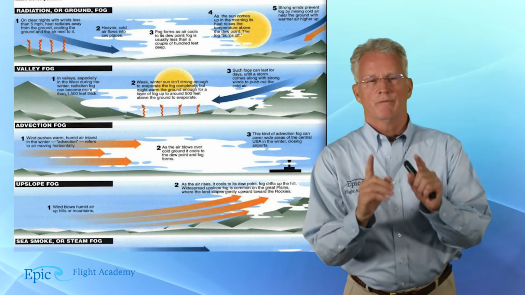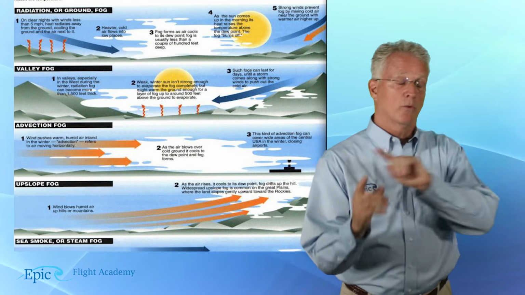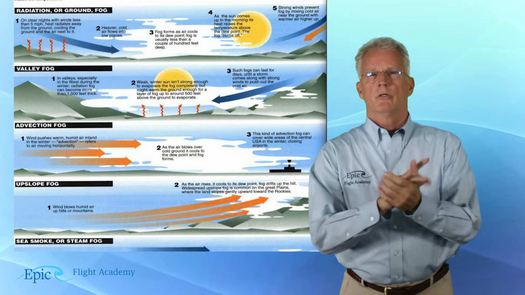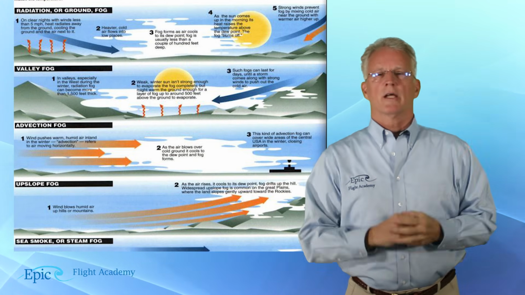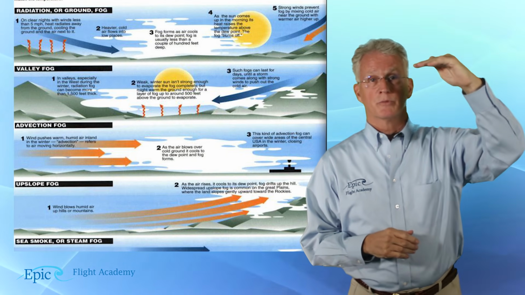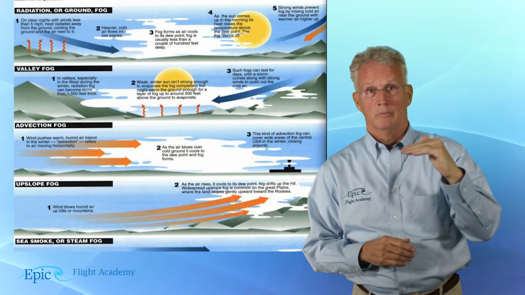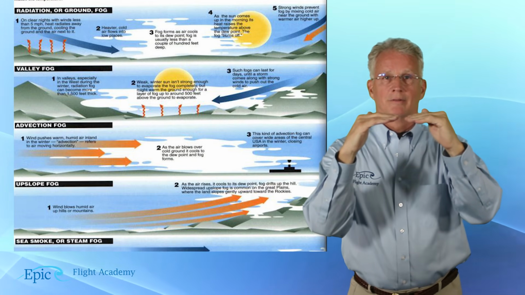Now, as you review these fog types in your textbook and with your flight instructor, I need you to recall one of two things has to happen. Either the temperature comes down or the dew point goes up.